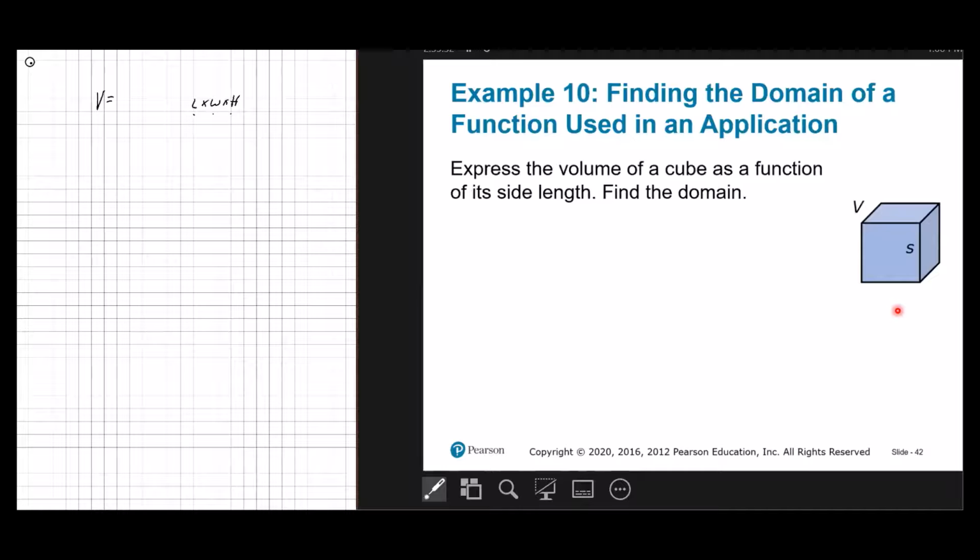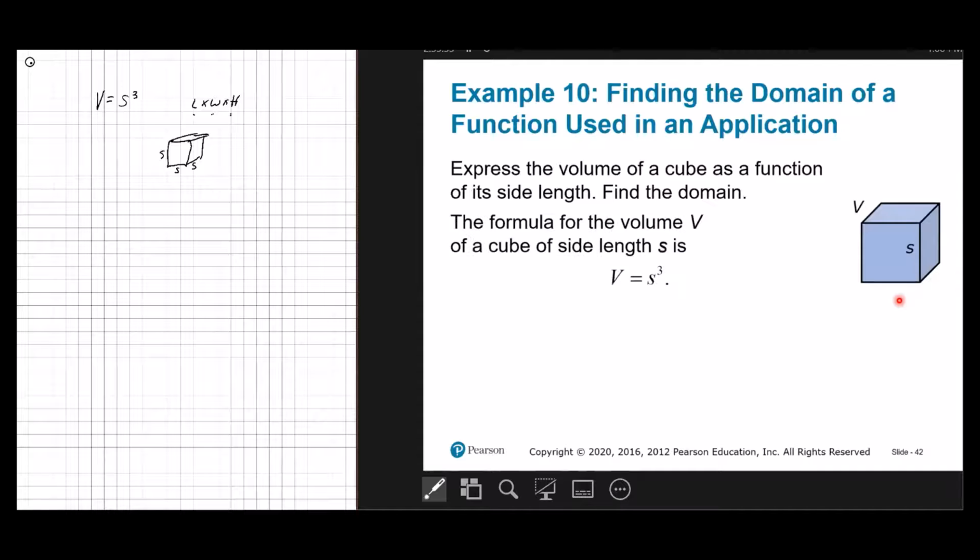Well, if all of these are the same and we're using the letter S for each of those dimensions, so here I have a cube. All of those dimensions are S. So what is it? If you said it, I missed it. S cubed. Yes, you get S cubed.